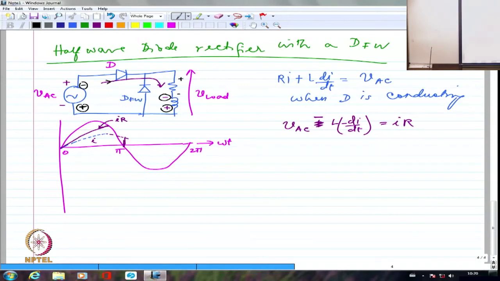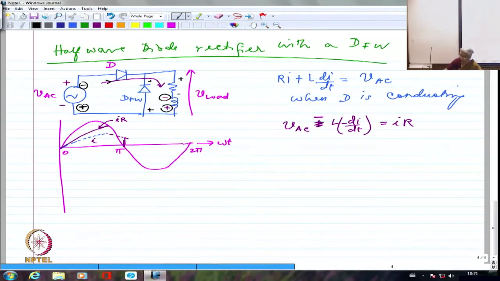So if somehow this power supply can be bypassed, obviously the circuit will try to find another way. Under that condition, if the inductance stored energy is still dominating, because this is plus and this is minus for the inductance, this particular diode now gets forward biased and takes over.